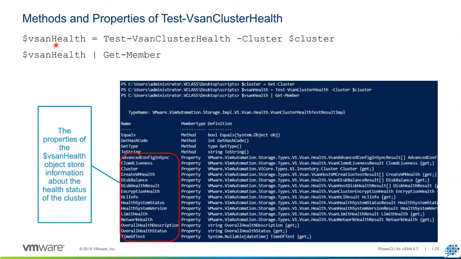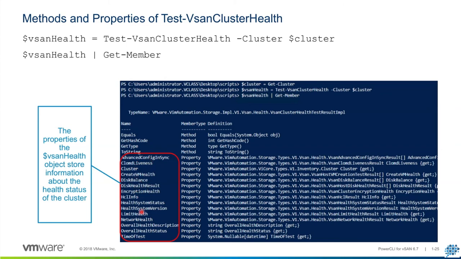Once I store the result, I will pipe the output onto Get-Member. As we know, Get-Member will show you the methods and properties associated with a particular object.